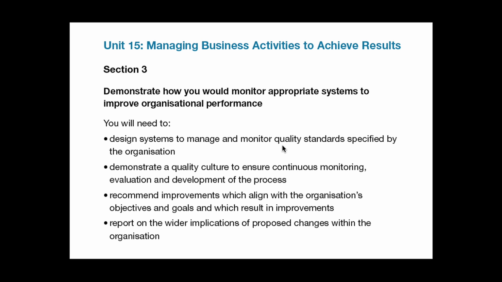This part of the assignment is making specific reference to quality standards, and of course this means quality across all aspects of the business. I think this reference here to culture is worth commenting on. Although this unit is concentrating on business processes as a way of managing business activities, you need to keep in mind that processes often operate under the influence of different aspects of corporate culture, so you might want to give some thought to the culture of the organisation on which you are basing your assignment and whether or not this culture is likely to help or to hinder business processes.